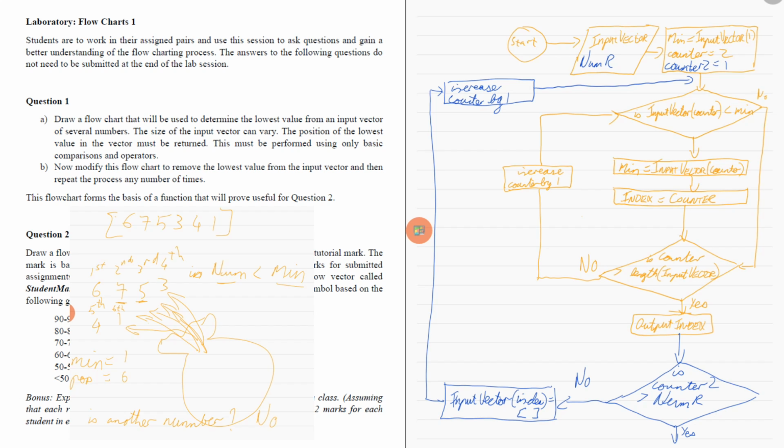So every time you run through this code, we check how many times have we done a removal. If it's less than the number of times we need to, we do a removal. We increase that counter by 1, and we go into this original code to find the new minimum.